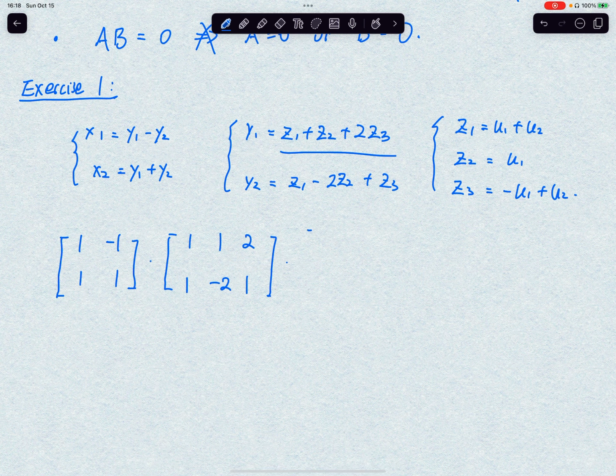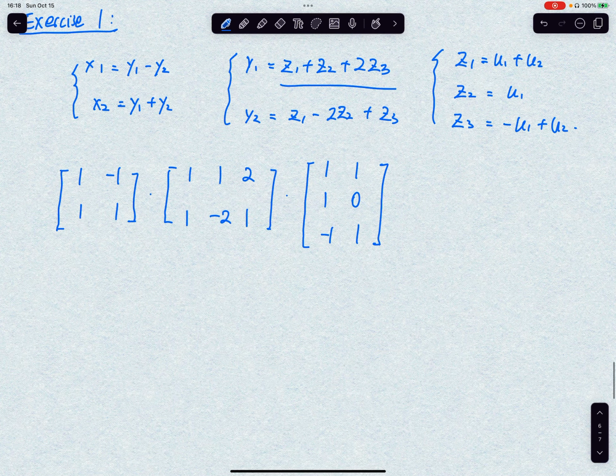And then we have the coefficients for u1 and u2, so that is 1, 1, 1, 0, and minus 1 and 1. So multiplying these three matrices together, even though we have the associativity, we still, for example, just calculate the first multiplication, then calculate the multiplication of the remaining.